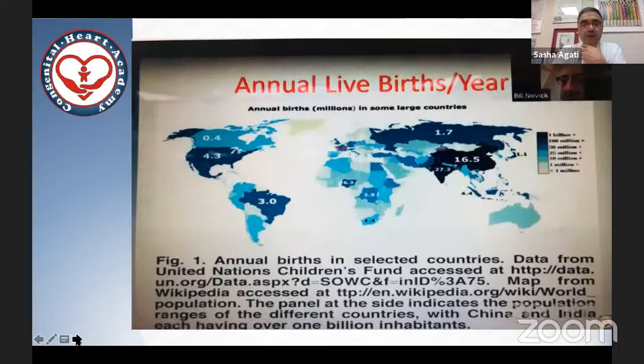And this comes from Bill Novick, and again, his evaluation of the annual live births per year. And again, very interesting is the number of cases that we have in the Middle East, with a very huge number of newborns.